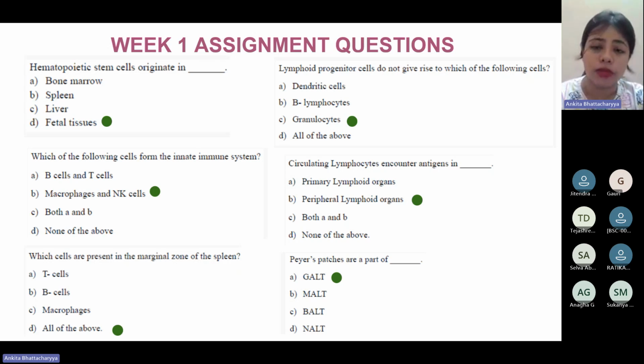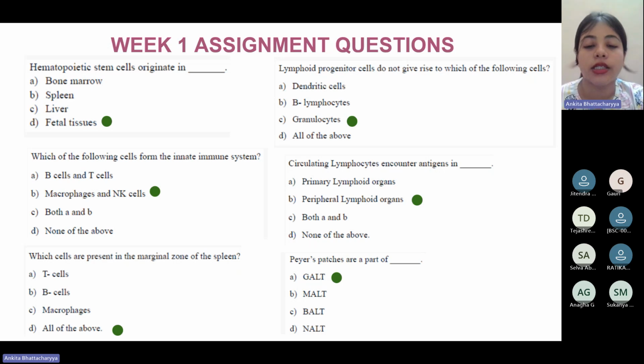So when we talk about circulating lymphocytes, the region where they face their cognate antigens is not in the primary lymphoid organs. It can be, but that very rarely happens because the pathogen will usually not directly enter the thymus or the bone marrow or the spleen for that matter. Instead, it will usually encounter it somewhere else when it is circulating within the body, and those are usually the peripheral lymphoid organs, or, to be a little more specific, the lymph nodes. So option B in this case is the correct option.